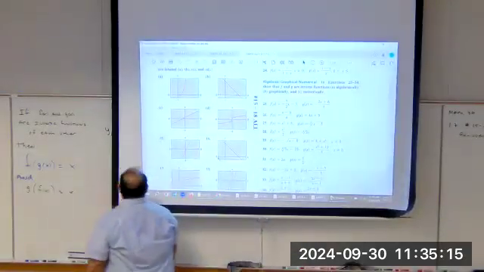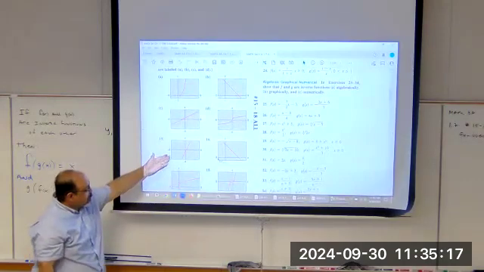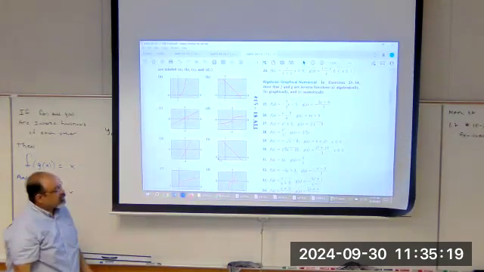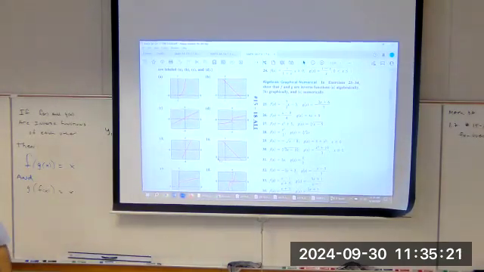So let's start with 15. 15 and 16 are both lines, so their inverse functions should be lines, not curves. So you can eliminate choice A and choice D. Which one do you think is the inverse of 15?